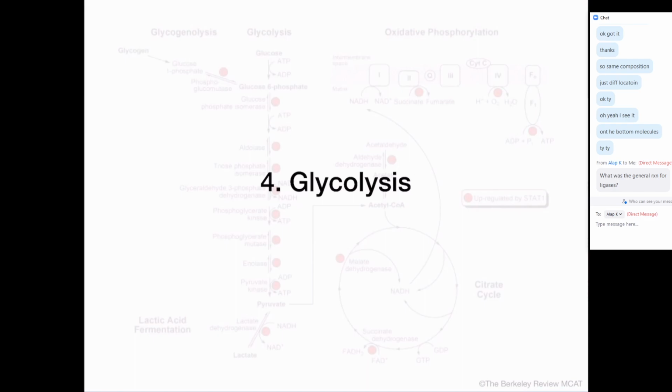You should honestly know what the actual reaction does. How questions are going to be asked on the MCAT in regards to any of the metabolic pathways is they're usually going to present you a single reaction within a pathway, right? It's going to talk about some sort of regulation site within the cell, like it's regulated at citrate turning into isocitrate, just to pull one out of a hat.